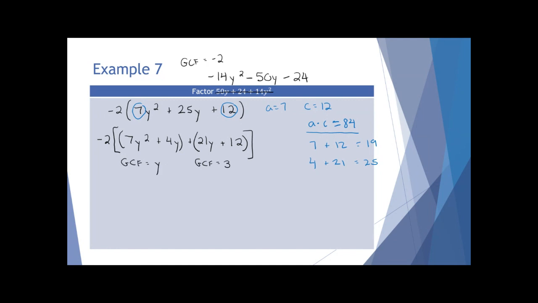So these aren't going to get reduced too much. So I have the -2, and then a y, and if I remove a y, I'm going to get 7y plus 4. I'm just abbreviating my steps here. Then 3, and if I divide 3 out, I get 7y plus 4. So now, in parentheses, I have 7y plus 4 that matches. So that -2 is just out in front, and then I have 7y plus 4 and y plus 3.